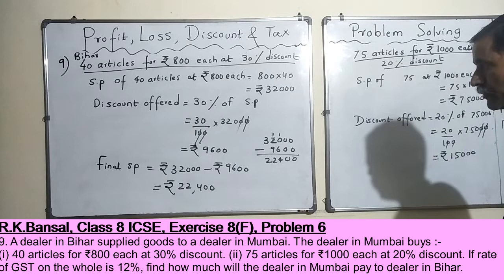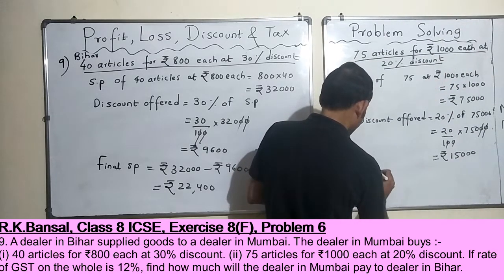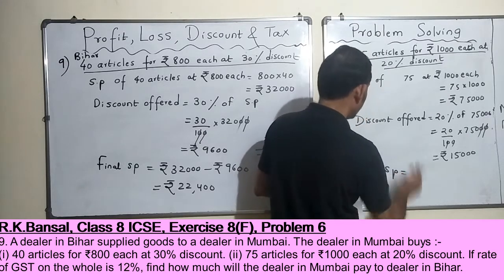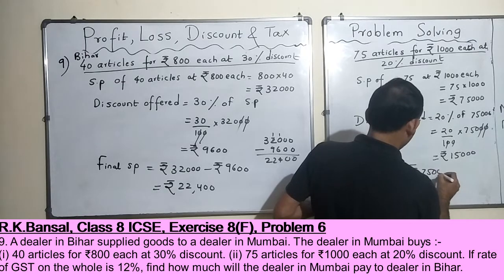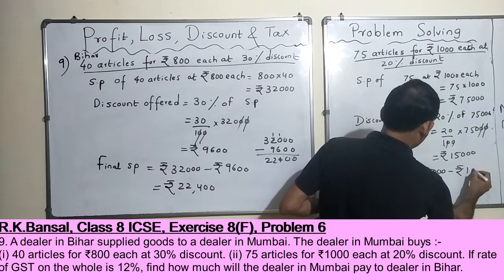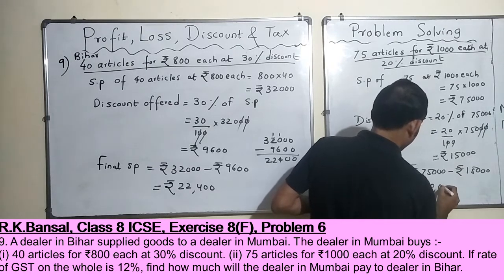So that is the discount offered. So final SP for these articles is equal to total SP rupees 75,000 minus rupees 15,000, right? So it is rupees 60,000.